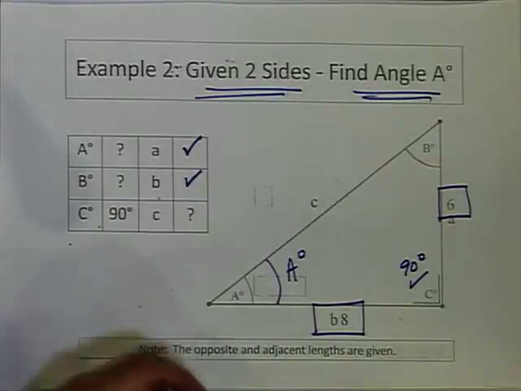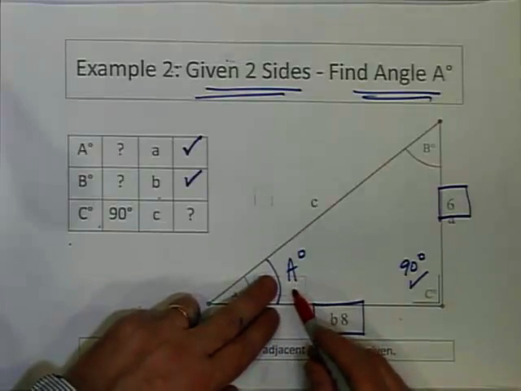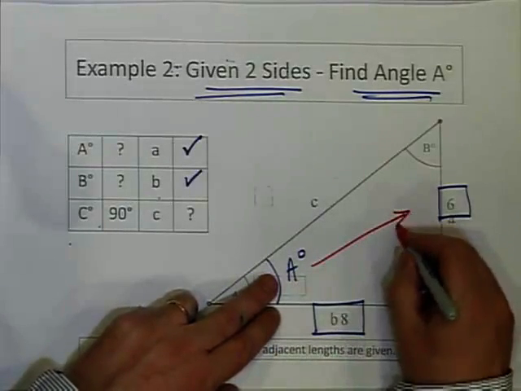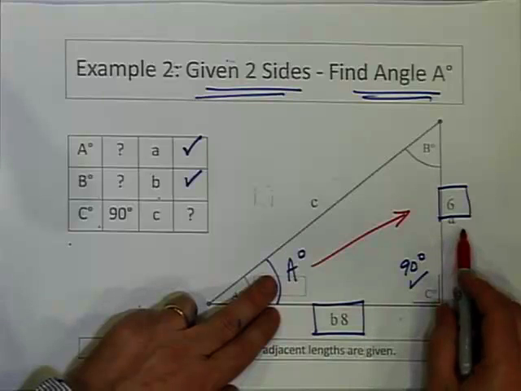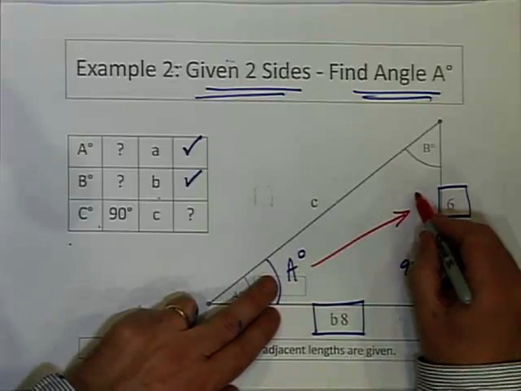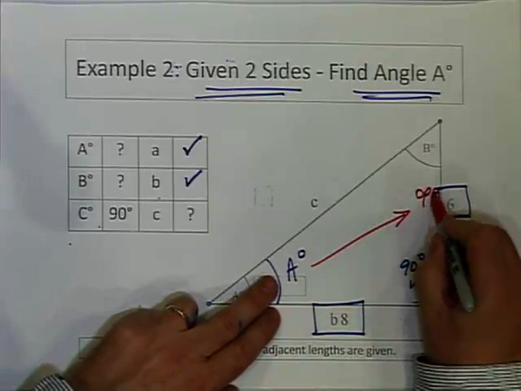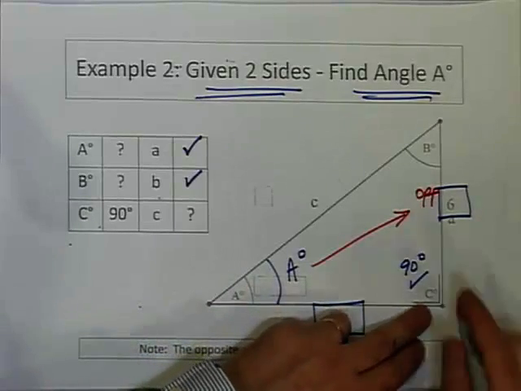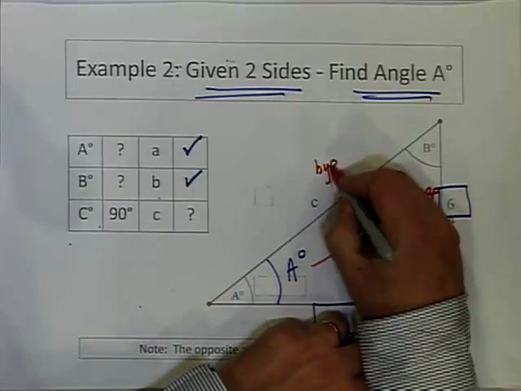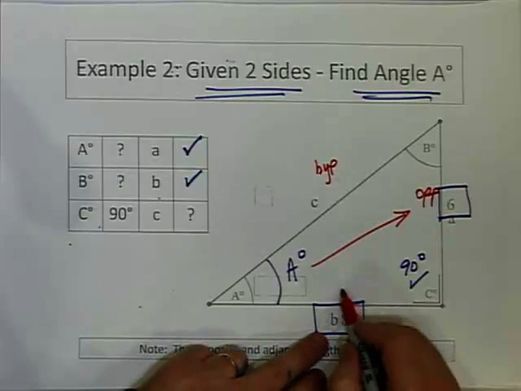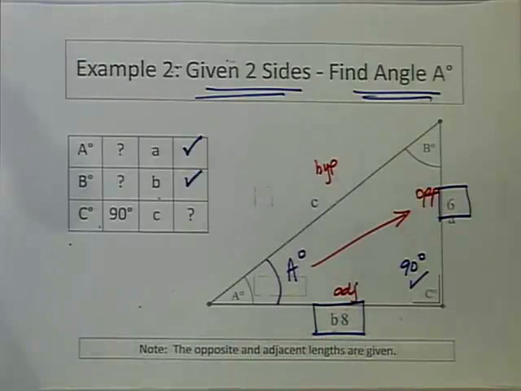Well, once I'm interested in an angle, what's the first thing I do? I draw a line across, and I call this side, what do I call it? Opposite. This side, the 90, I call hypotenuse, and this one here I call adjacent. Is that okay?